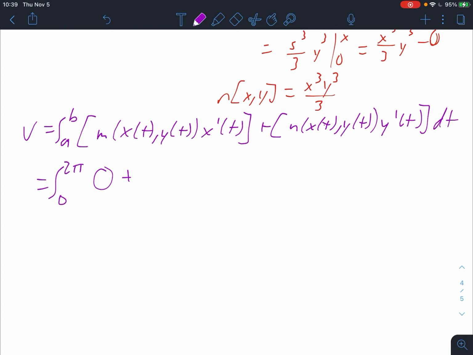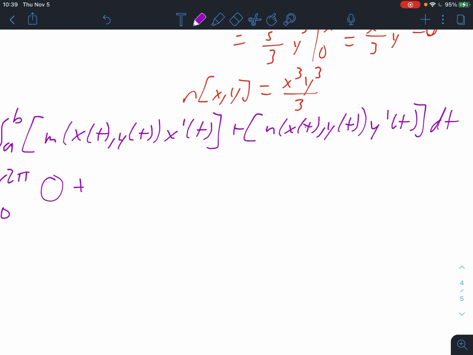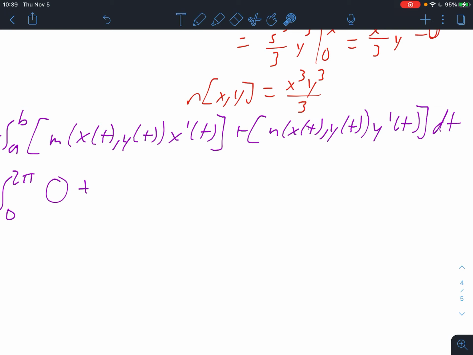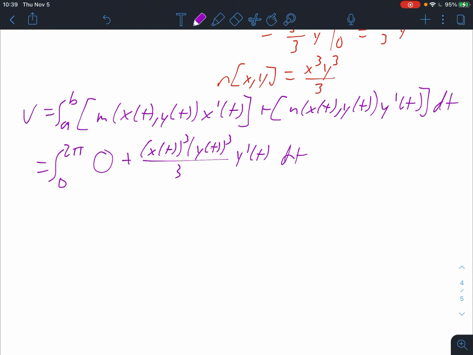N of x of t, y of t. Remember that n of xy, which is right here, but now x is x of t. So x of t cubed, y of t cubed over 3 times y prime of t dt. So now we have the integral from 0 to 2 pi.